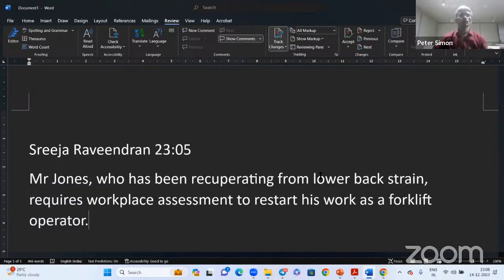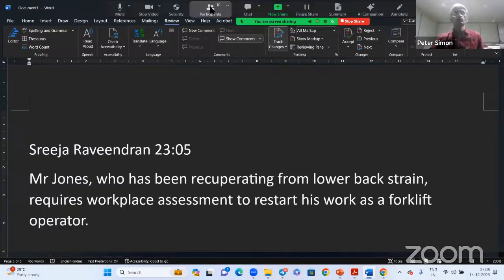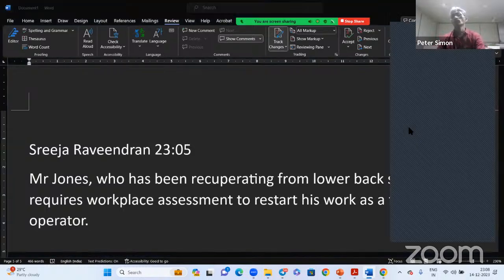Very good sentence. That's fine. So this is the way you are supposed to write the introduction. Quality sentences matter the most.